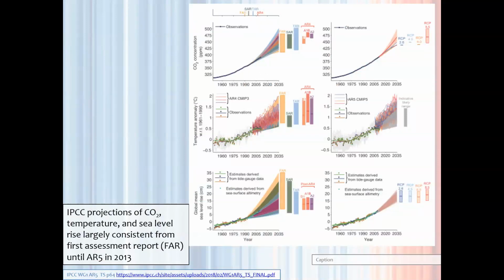IPCC projections of carbon dioxide, temperature, and sea level have been pretty consistent, even from that first assessment report. And we have lowered the error bars on a lot of these, but our predictions have really been pretty consistent over time, suggesting that we have narrowed down on predictions that are not likely to change very much.